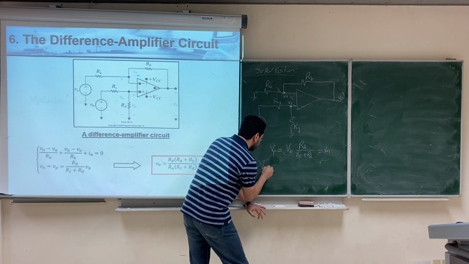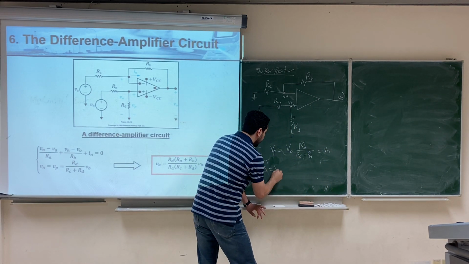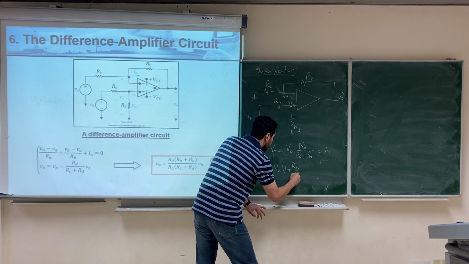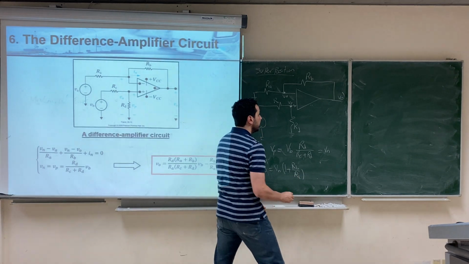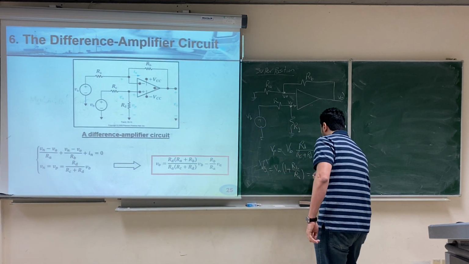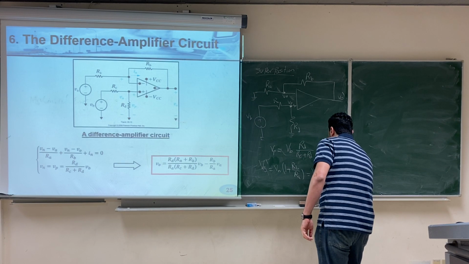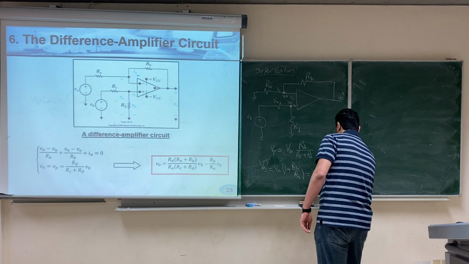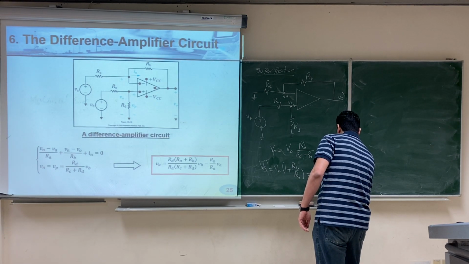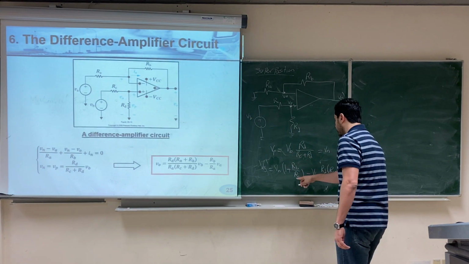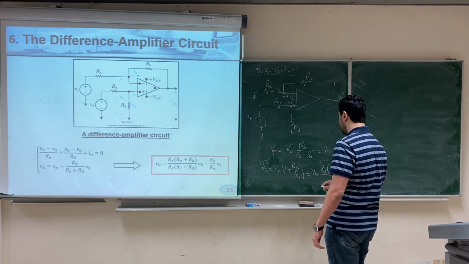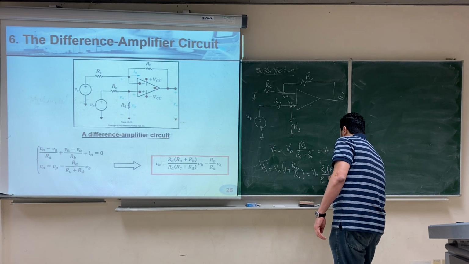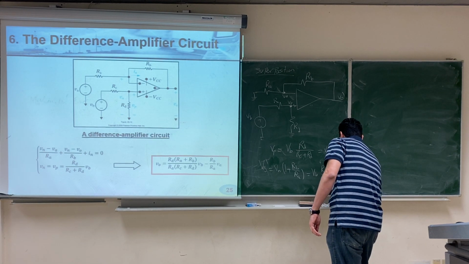So V output dash here will be Vn multiplied by 1 plus RB over RA, which will be VB multiplied by RD, RA plus RB, divided over RA, multiplied by RC plus RD.